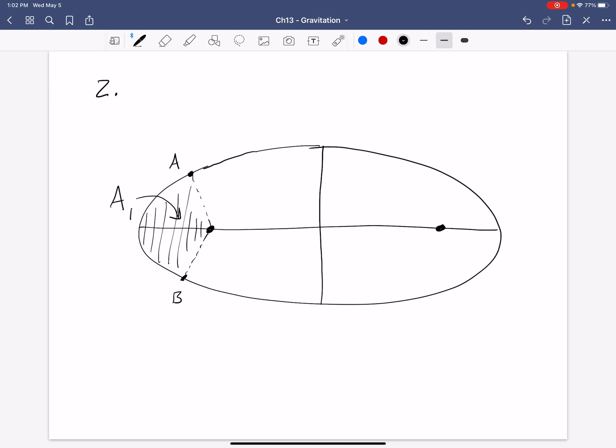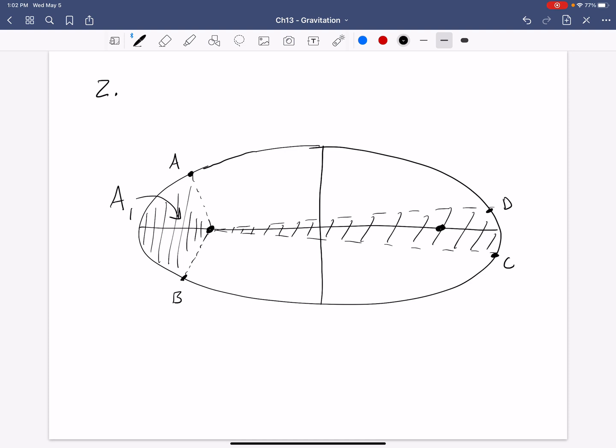That's the same area as when the planet goes from approximately point C to point D. So that's the same area as something like this.